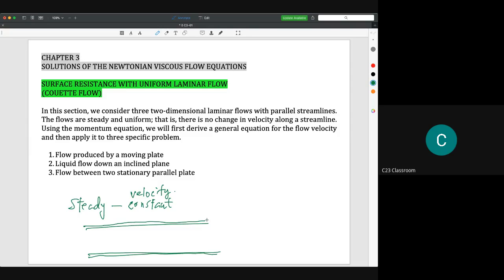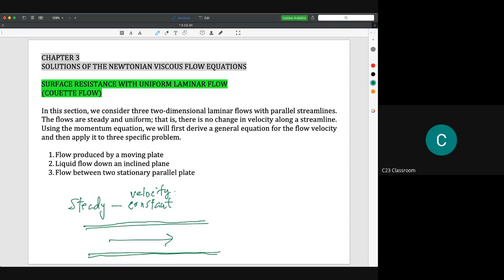After a certain time, it will reach the terminal velocity. But for a horizontal flow, it is not pulled by gravity, so it will not have any terminal velocity. It is just a velocity, for example, flow in a pipe.